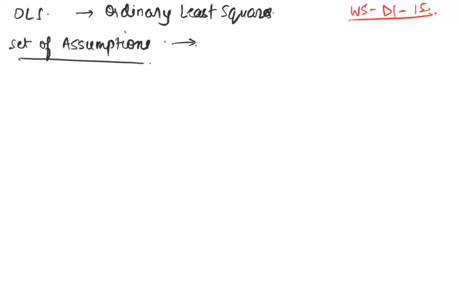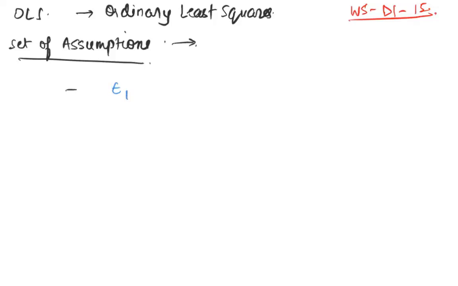So the first 3 assumptions are assumptions around the error term. This is how the assumptions go.